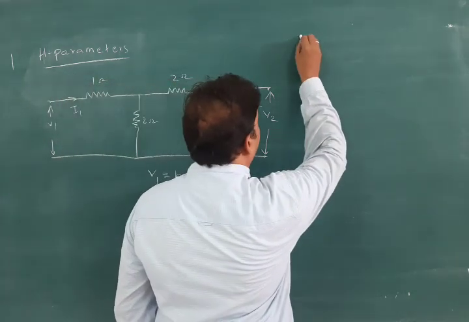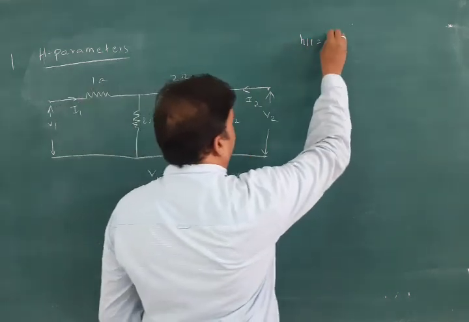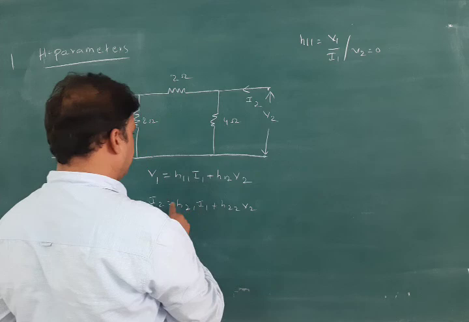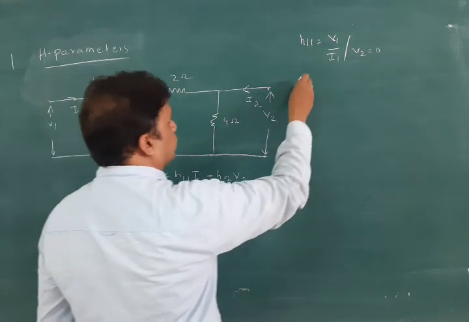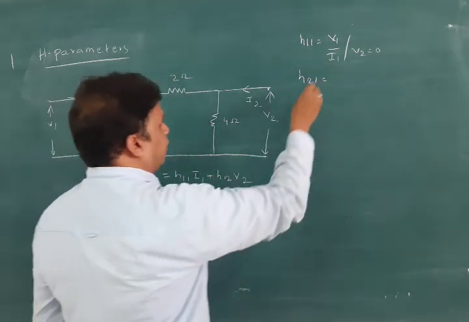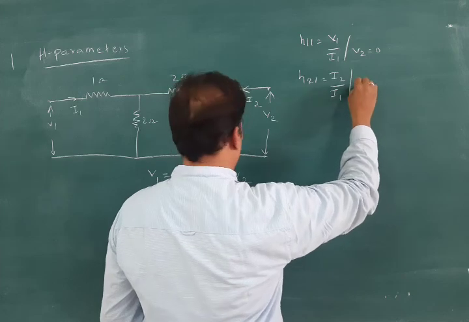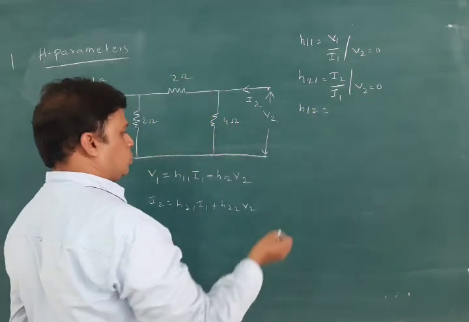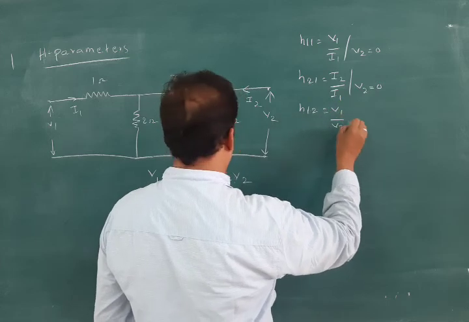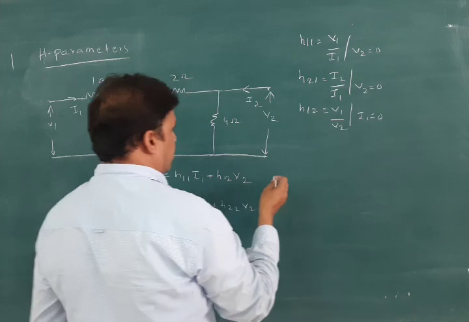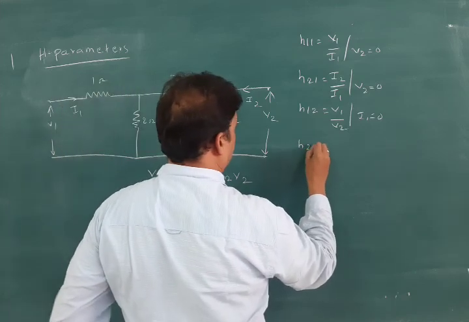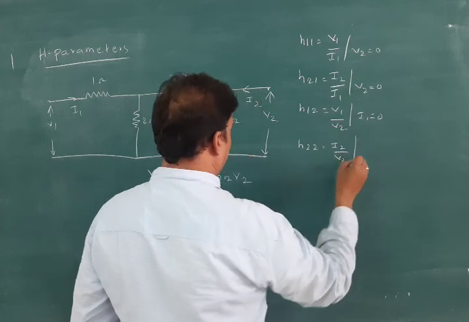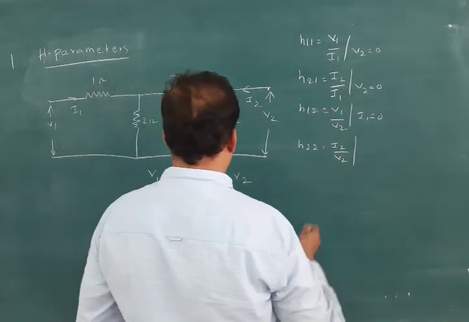What is H11? You have to write: H11 is equal to V1 by I1 at V2 equal to 0, and also H21 is equal to I2 by I1 at V2 equal to 0, and also H12 is equal to V1 by V2 at I1 equal to 0, and H22 is equal to I2 by V2 at I1 equal to 0.